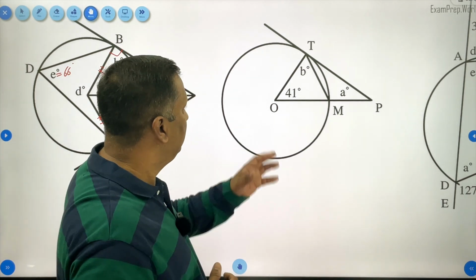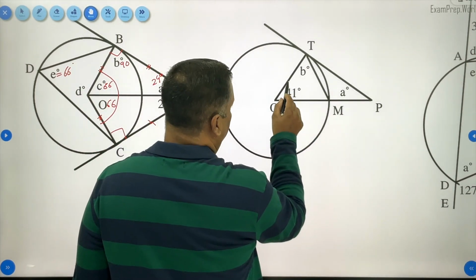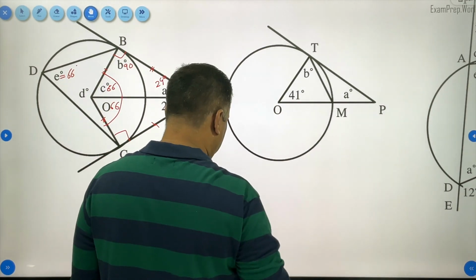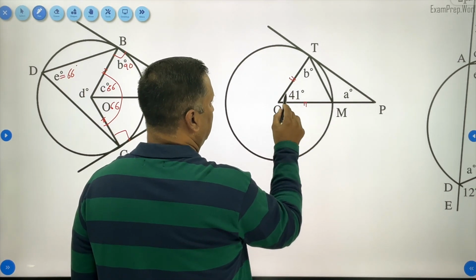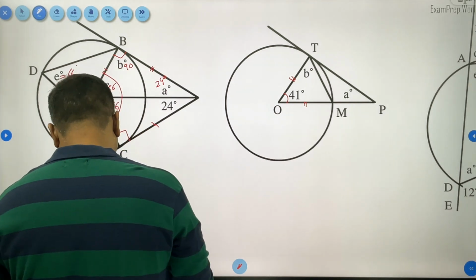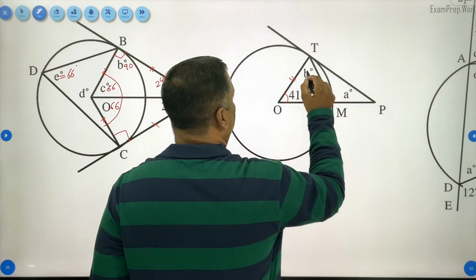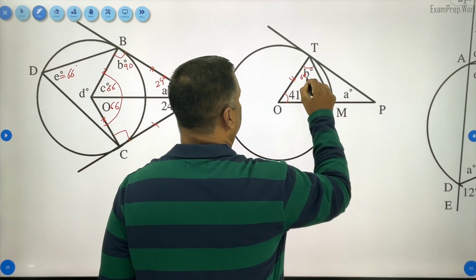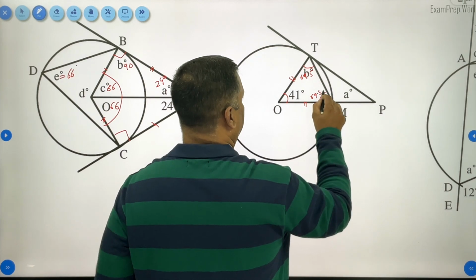Now here, come back to this question. This is 48. Now look at this one. Is this an isosceles triangle? Radius, radius. They have already given 41. So 180 minus 41 divided by 2 is 69.5. B is how much? This is 69.5. This is also 69.5. Why?